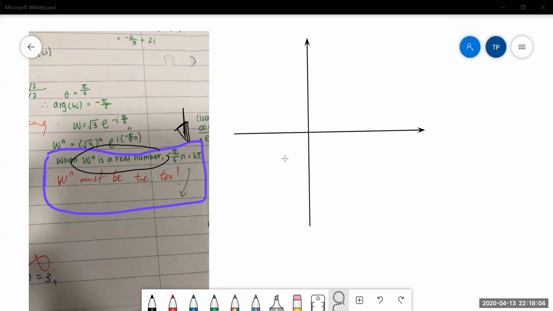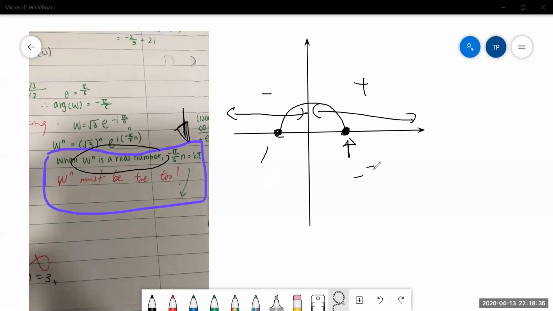But if it's a positive real number, K pi means it either falls on here or falls on here. But if it is a positive real number, it should fall here. Make sense? Yeah. Because this whole part here is negative, and this whole part here is positive.